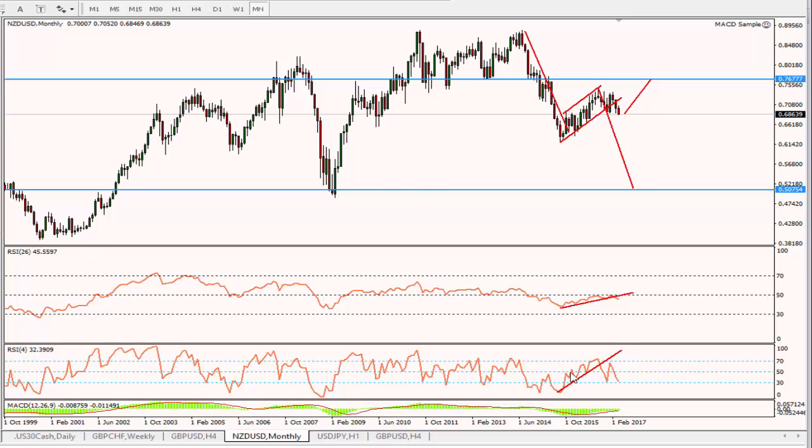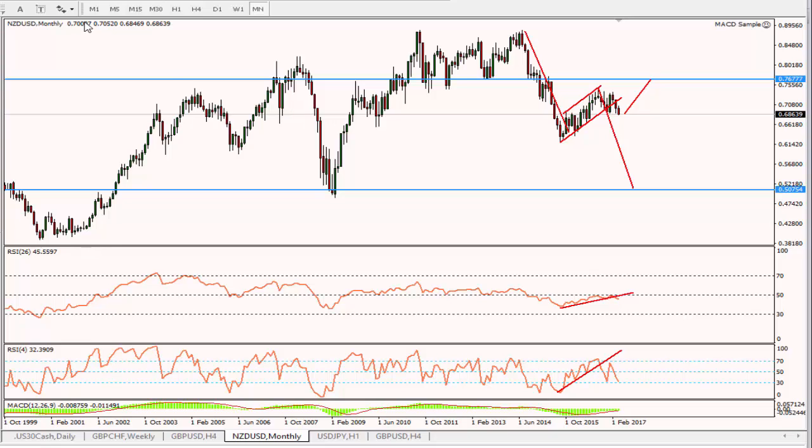Now the next one that I have here, back to the 26 RSI, we can see here that while it was trending up in the flag, it stays above the line, but now it trends right back up into the 50, and now it breaks the trend line right in the 50 zone to the downside.